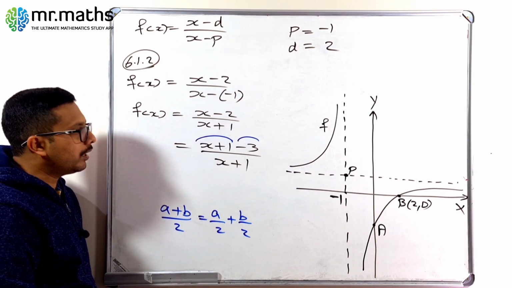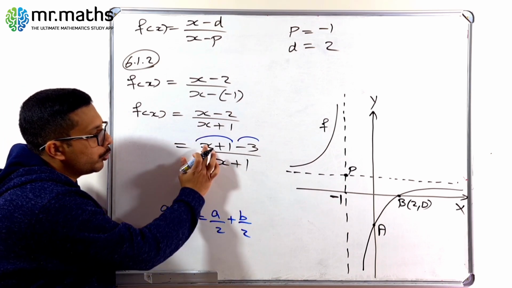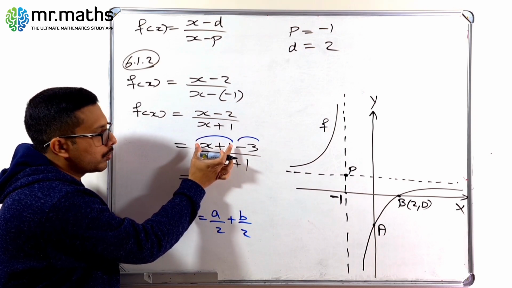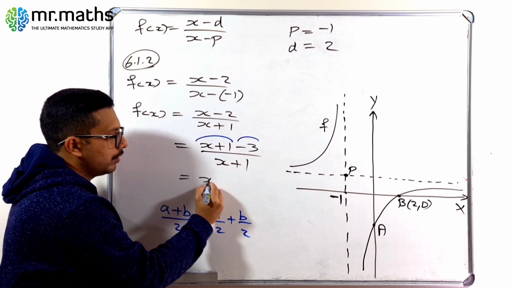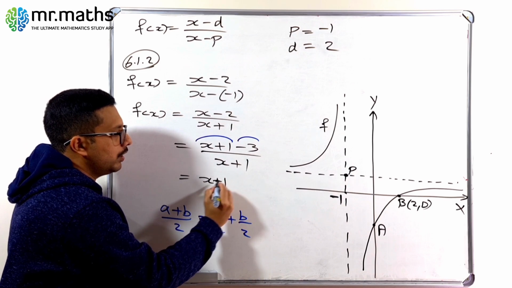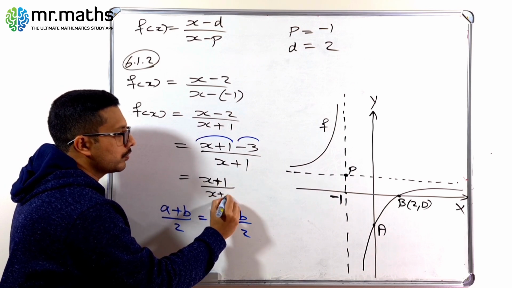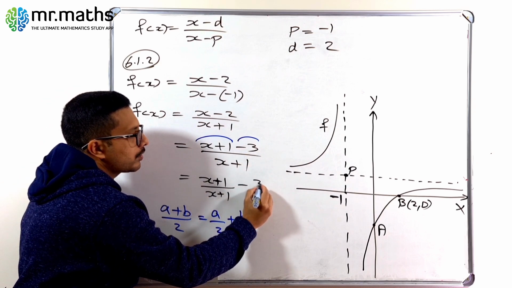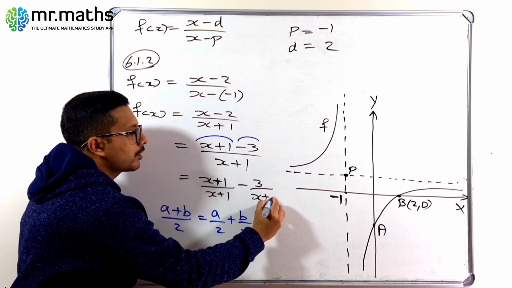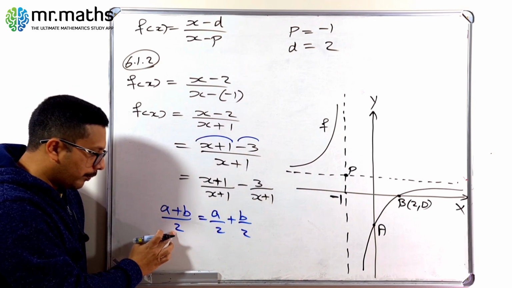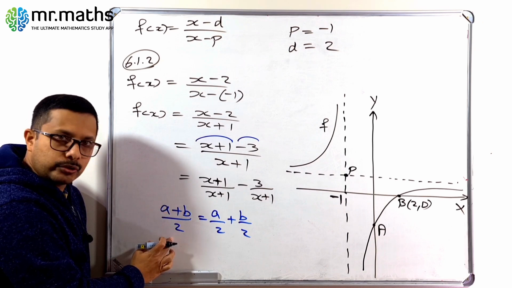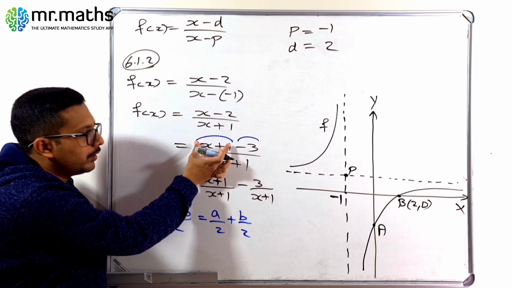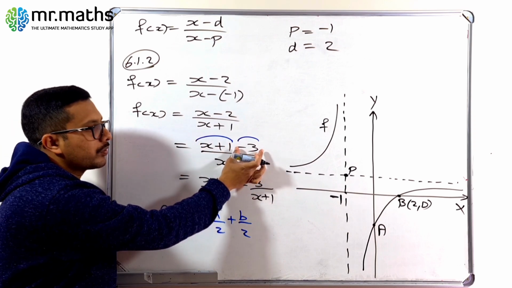So similarly I'm going to split like this. This is my 1 unit, x plus 1 divided by x plus 1. Then this is the second unit, minus 3 divided by x plus 1. A by 2 plus b by 2, like that. I combine x plus 1 divided by x plus 1 as 1, and this one is separate.